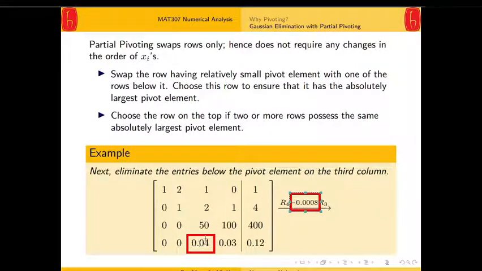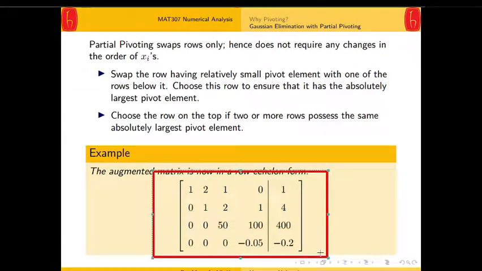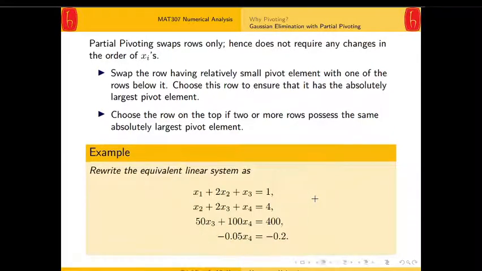Once we do that, we will obtain 0 here. Okay, and here we have 0. Now if we check the matrix here, this is in echelon form. So we can move on to the back substitution now.